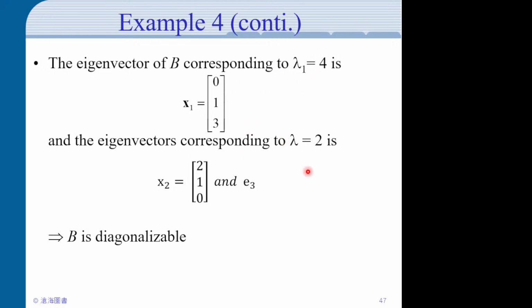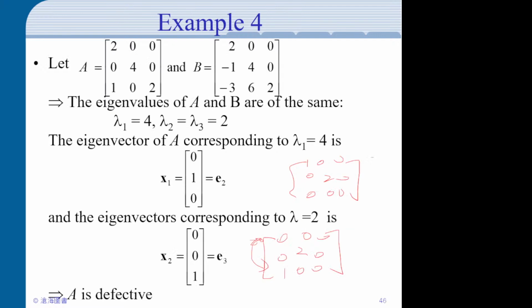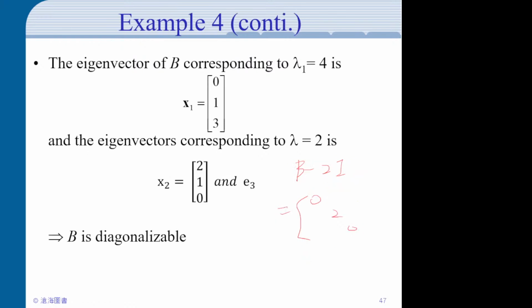Whereas for B, for lambda equal to 4 you still have something, and for lambda equal to 2, let's have B minus 2I equal to 0 2 0, minus 1, minus 3, 6, minus 1, minus 3, 6, and 0 0 0.